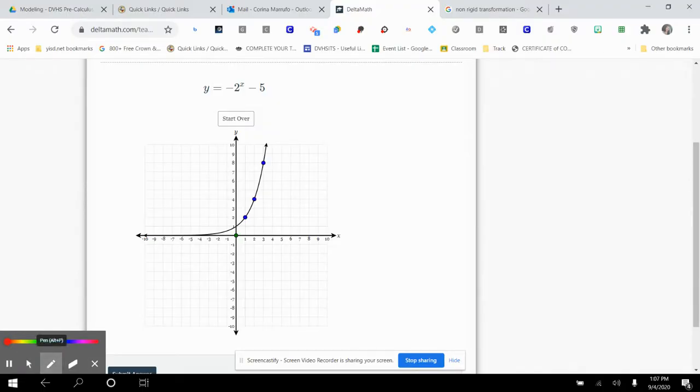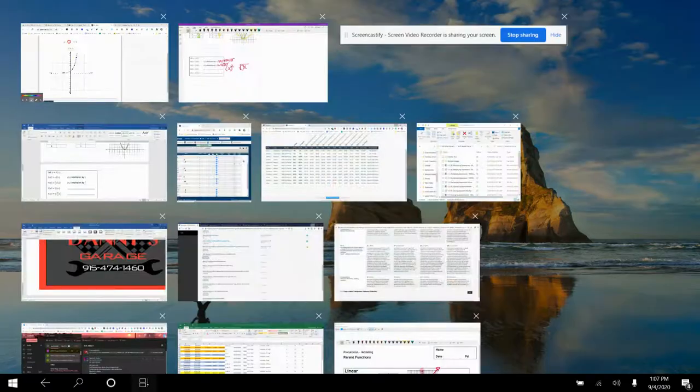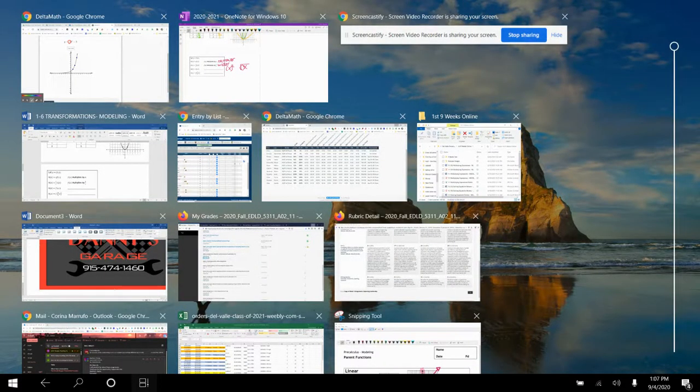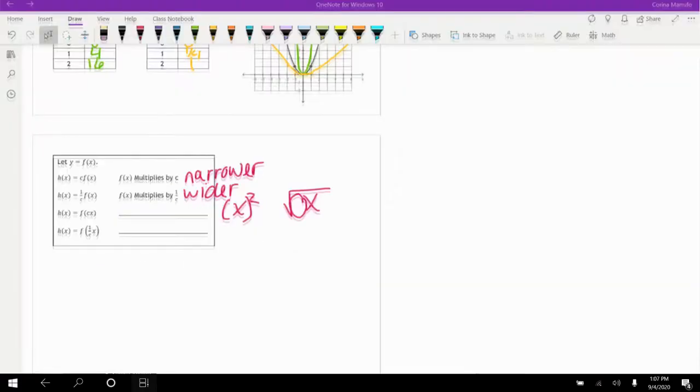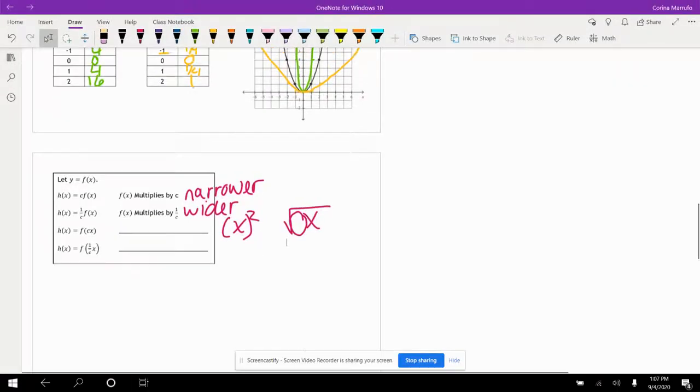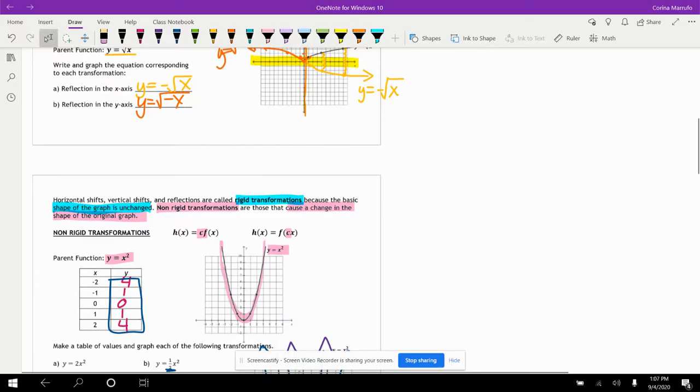And so we have this negative here, and whenever the negative is in the front, remember, not inside with the x, it's up here and it's not in there with the x. Let me erase that little dot. That means that we're going to have a reflection, and if you forget, go back to your notes. So sorry, I have a lot of stuff open. Go back to your notes and see, okay, where is the negative?